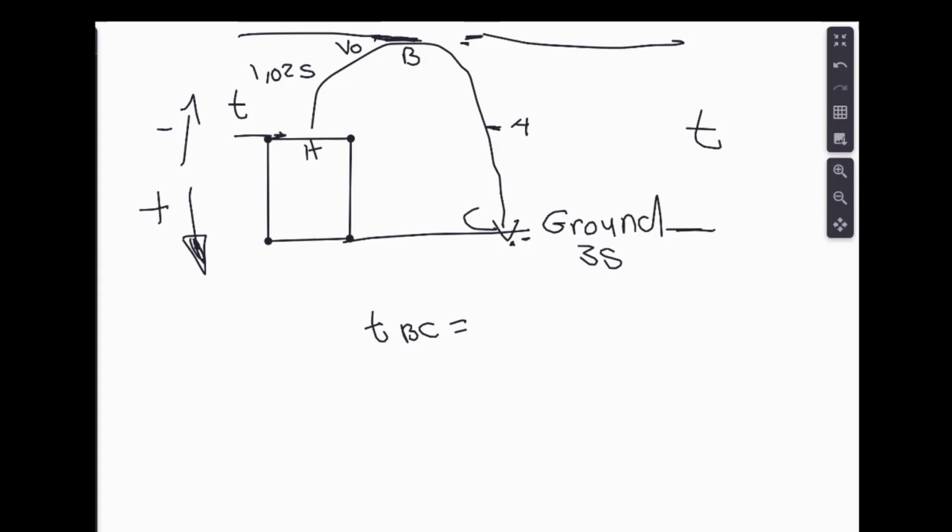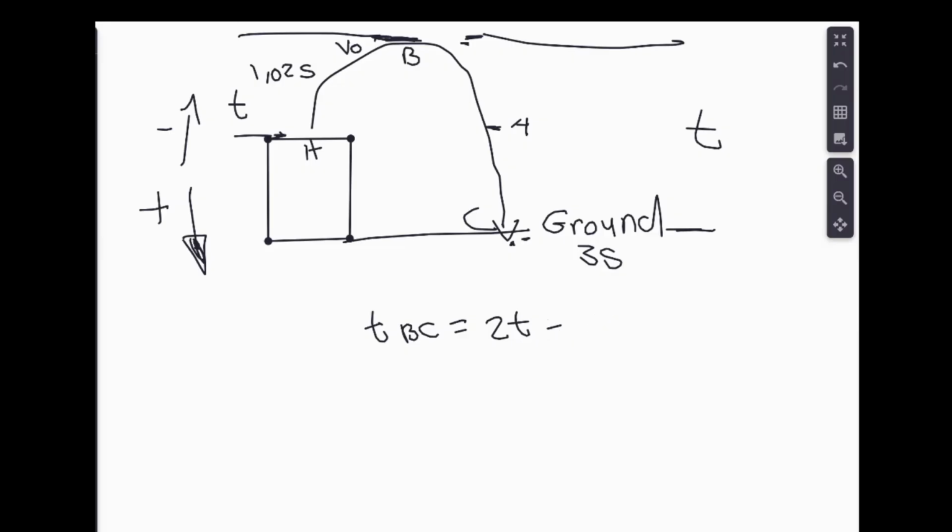Yes, would equal the total time minus 2 times time AB. We need to minus that from the total time.